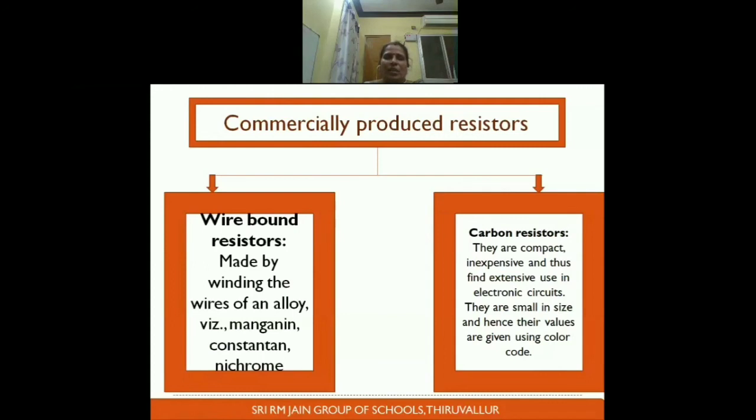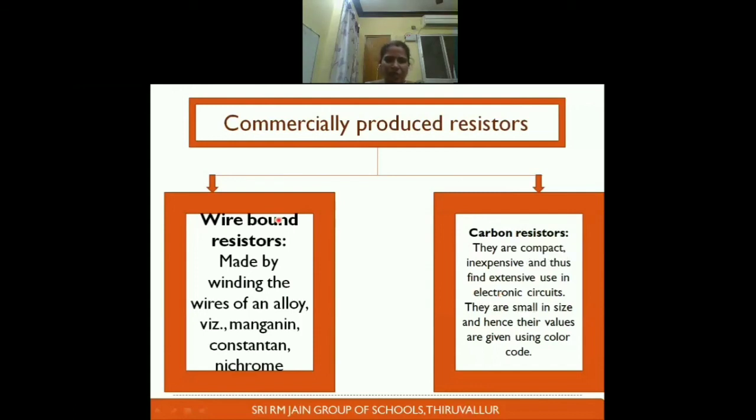Commercially produced resistors are divided into two categories. The first category is wire bound resistors, which are normally used in laboratories, and carbon resistors are mostly used for domestic purposes in electronic circuits.